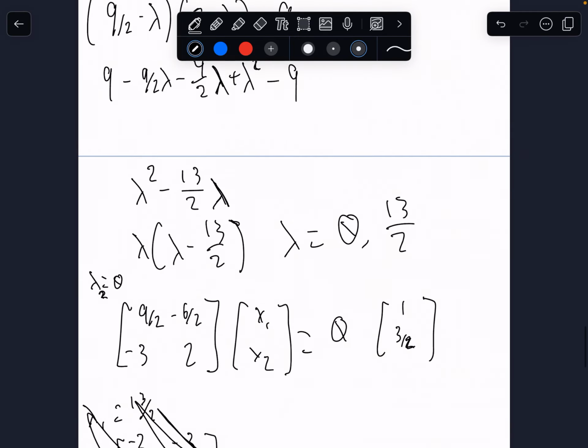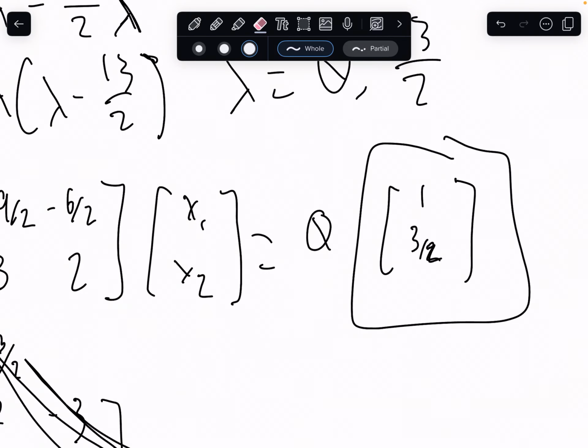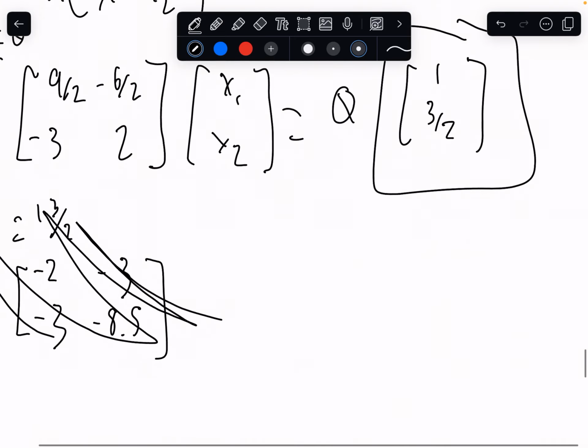So this is the only eigenvector, and we could simplify this, which we probably should. So standardize it.